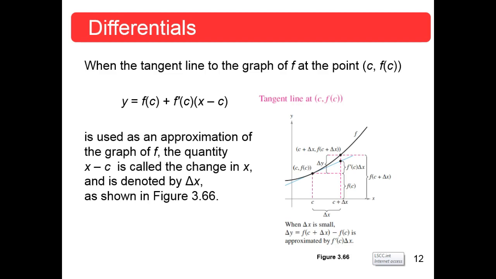Your y changed from here to here. That's your actual delta y, okay? Your f prime delta x, this part, the tangent line approximation was that amount. And that's what they call the dy.